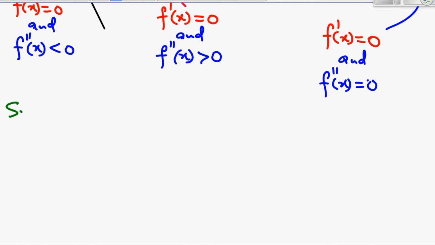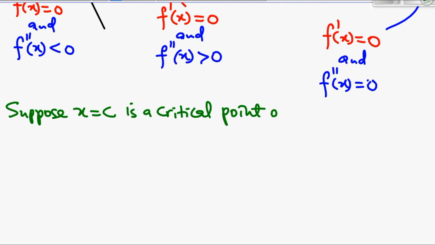Suppose x is equal to c is a critical point on the graph. And when I talk about the critical point here, I mean the stationary point, on the graph of y is equal to f of x.